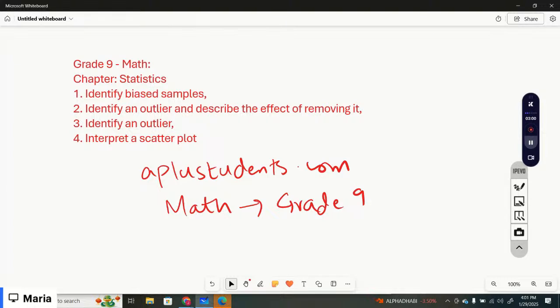We're going to start with the chapter statistics. The lessons we're going to cover today are identify biased samples, identify an outlier and describe the effect of removing it, identify an outlier and interpret a scatter plot.